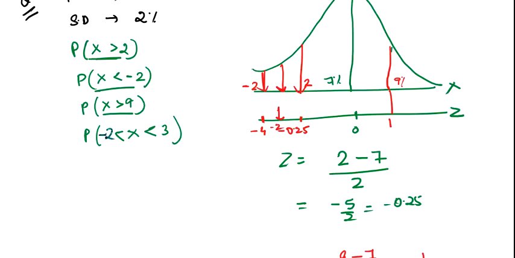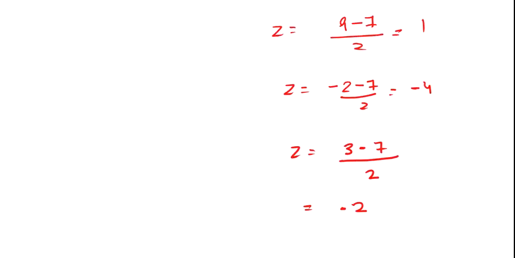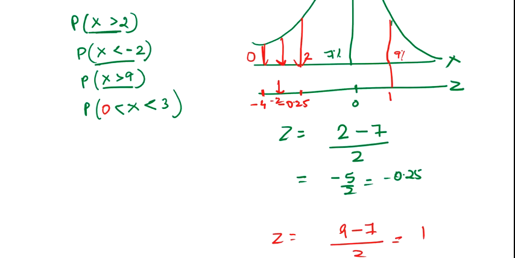Or to be more precise, we can make it a better number. Let us make it 0, because that will be new to you. Now what will be the value of z in that case? It will be 0 minus 7 by 2, so it will be minus 3.5. So let us change the value here, minus 3.5.